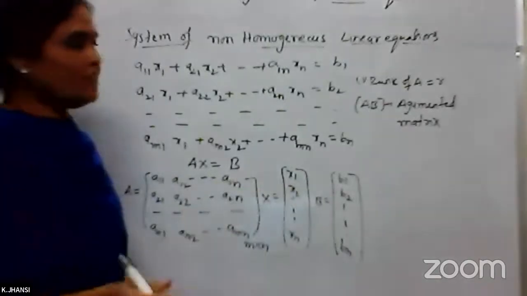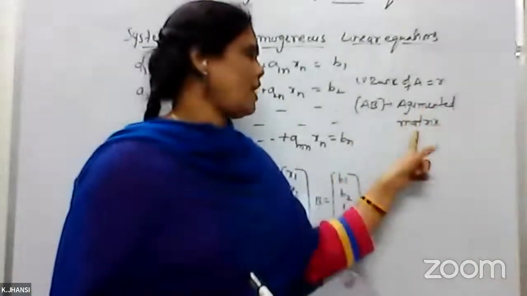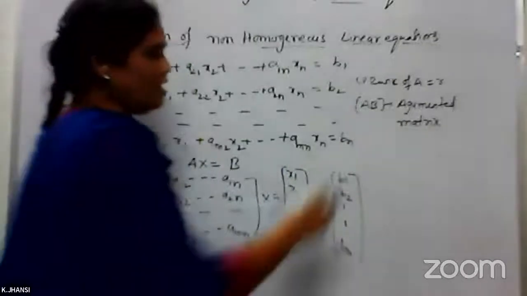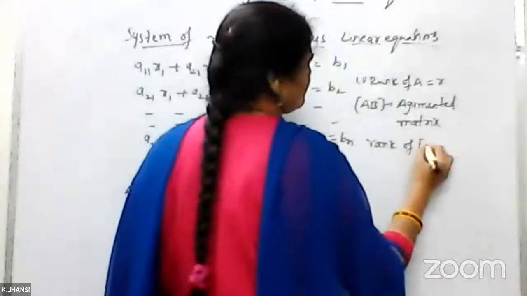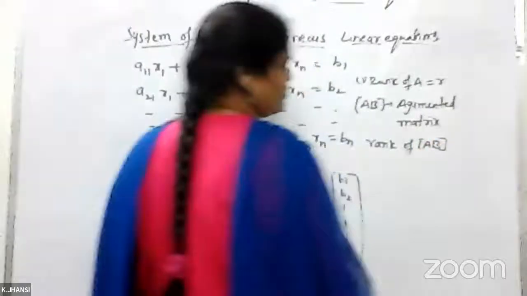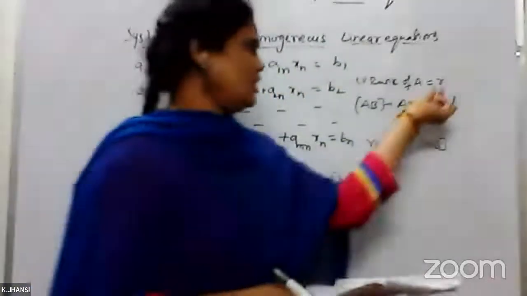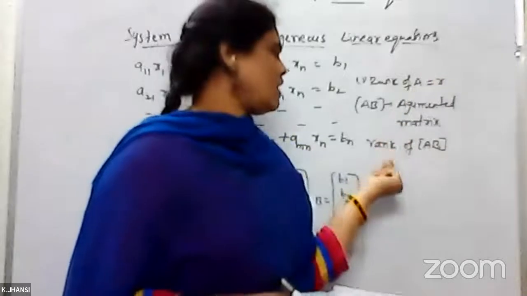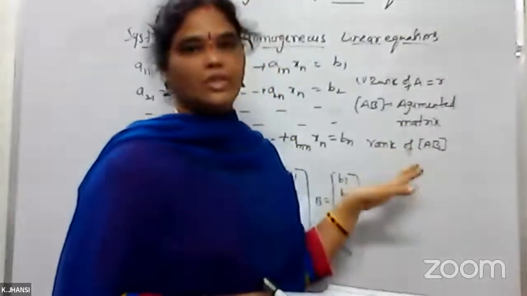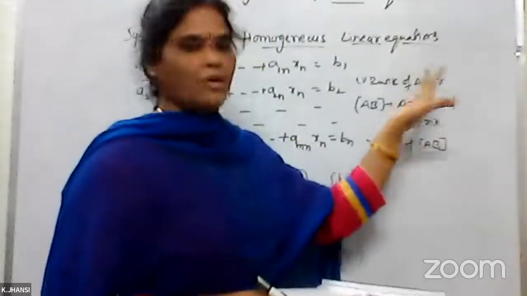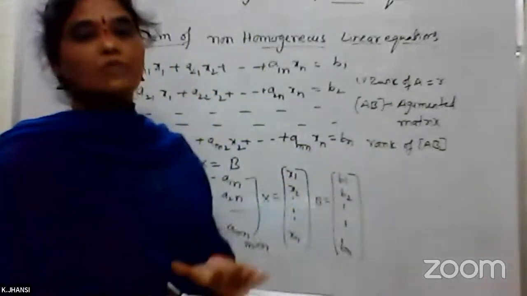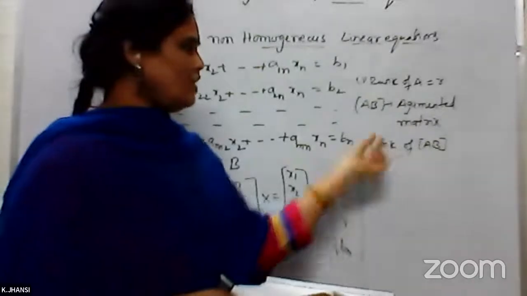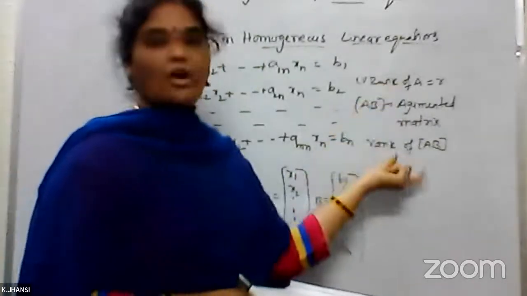The combination of A and B is called the augmented matrix, and we find the rank of AB. Here we consider the cases. To find the solutions of the problems, we will use rank of A and rank of AB.